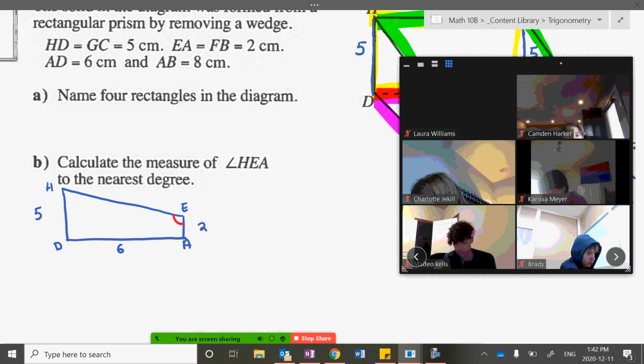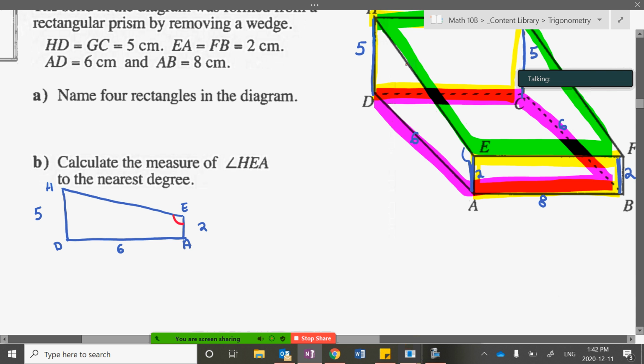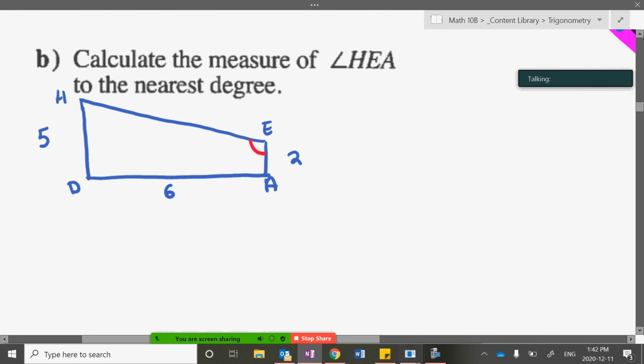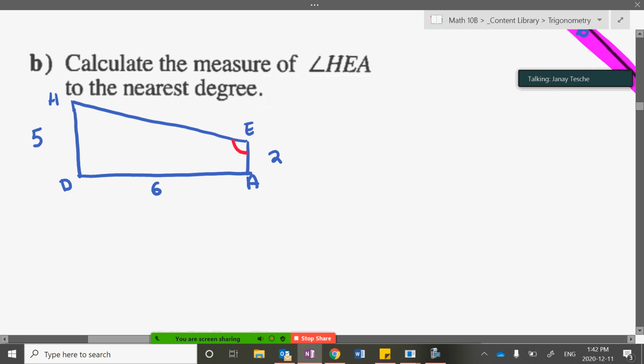Yes? Thanks, Andy. Okay, so from here, I'm going to manipulate this a little bit more because right now I have no triangles. We're in a trig unit. Let's think through this logically. I have to have a right triangle. So if I draw a nice little dotted line going across here, I can form a right triangle.